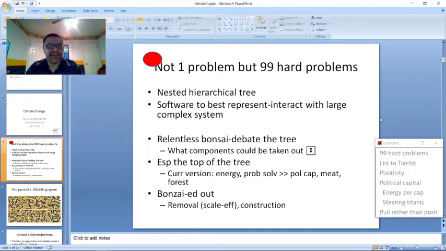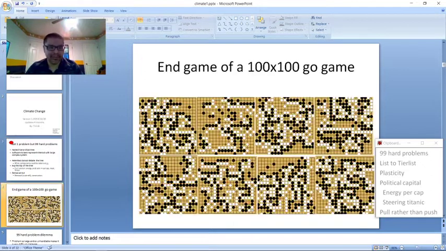To best resolve this issue, we could use software to help represent a large complex system, especially the top of the tree. We should continuously refine until we have it down to the simplest representation possible.